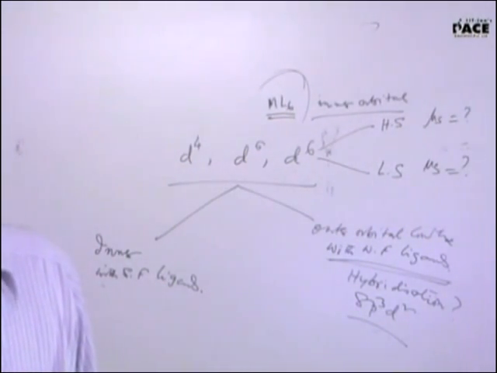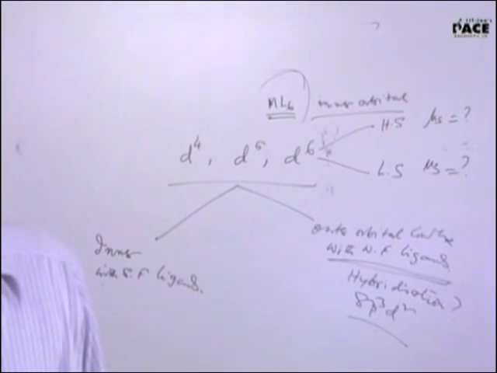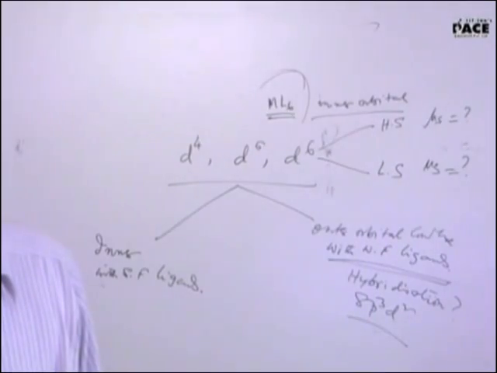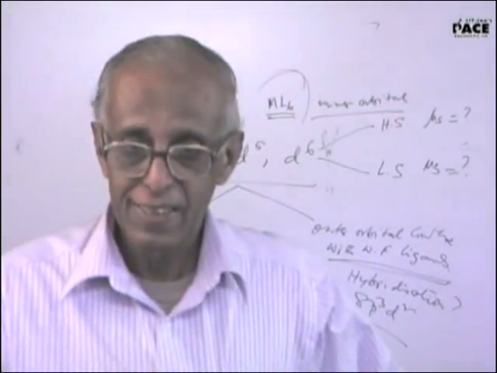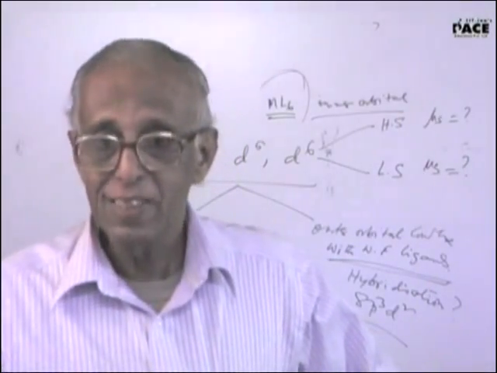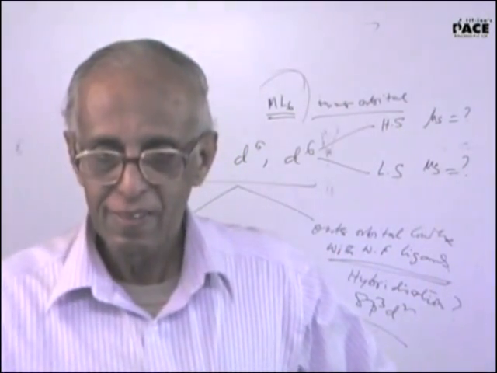What will be the mu value? Low spin zero, and high spin four. High spin means without pairing. Low spin means all pairing.